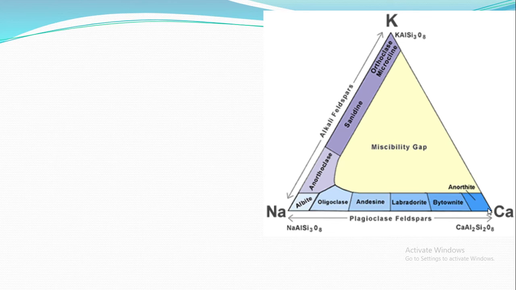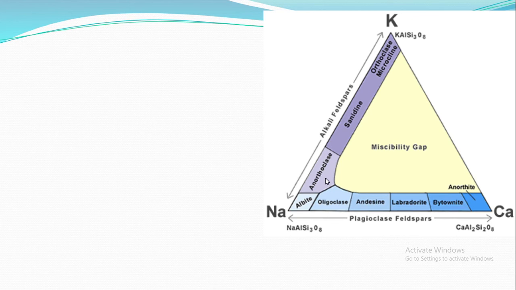If you move in this direction, albite will be increasing and anorthite will be decreasing. Here, this is the albite mineral, and the composition, sodium will be more. We call it albite, from 100 to 90, and anorthite will be from 0 to 10. Is it clear?